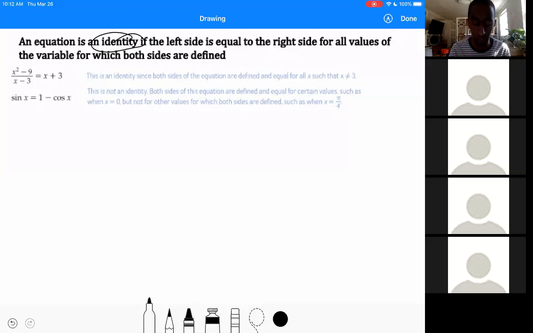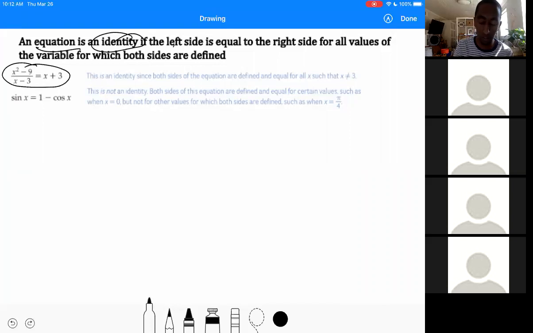An equation is considered an identity if the left side is equal to the right side for all values of the variable for which both sides are defined. A lot of words there. Let me just kind of clarify that. So this right here would be an example of an identity. It is an equation, it has an equal sign.